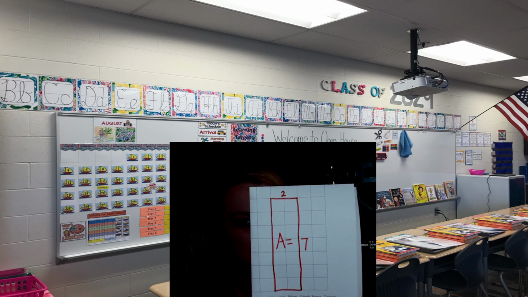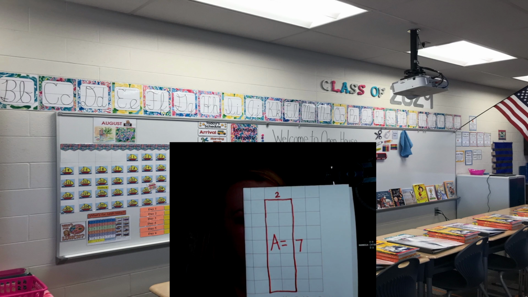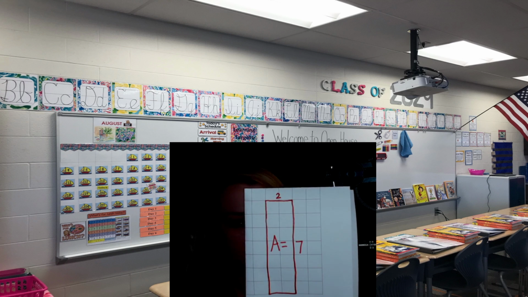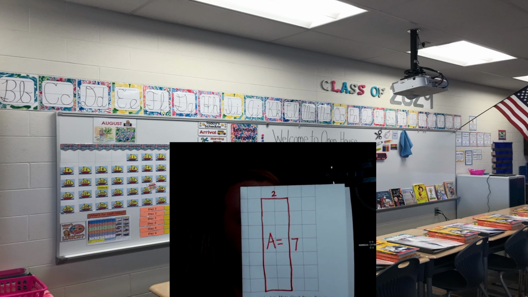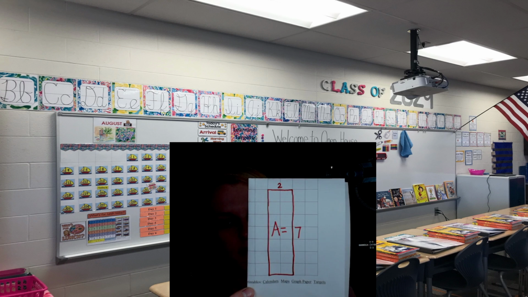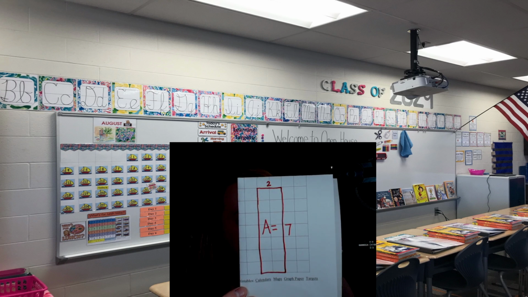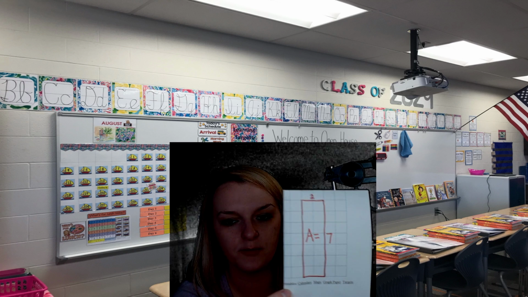And you can label the sides 7. And you're going to write the area. You'll notice I'm using an A for area equals. Remember, you can either multiply length times width, 2 times 7, or you can count the squares. If you need more time, go ahead and pause here. If not, we're going to go over it.